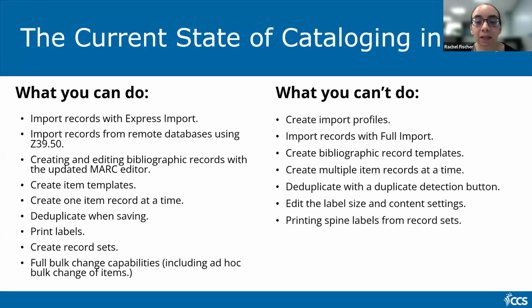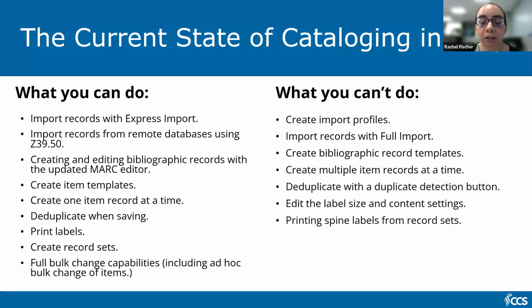It is also still missing the ability to create multiple item records at the same time. And while you can print labels from Leap, it is still missing the ability to edit the label size and content settings and the ability to print spine labels from the record sets.